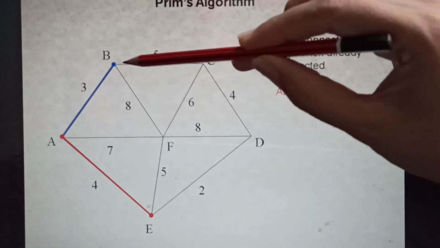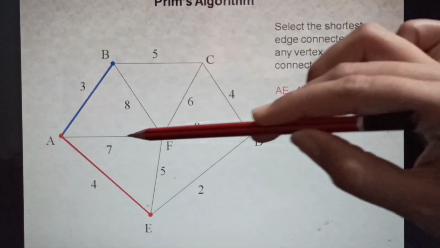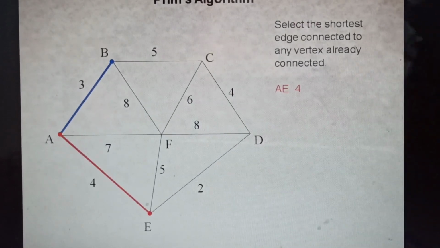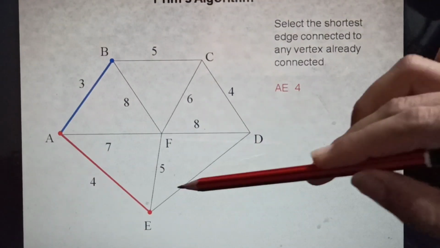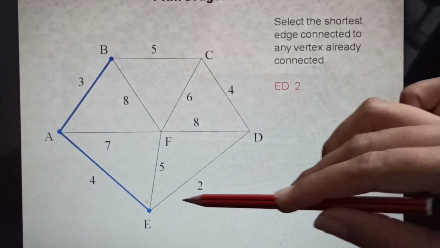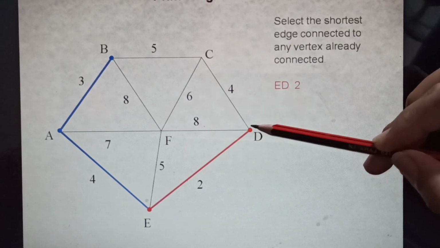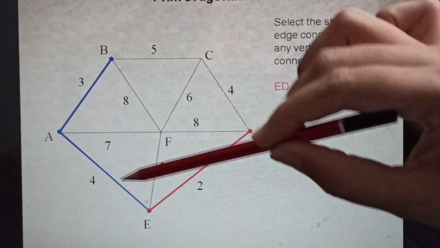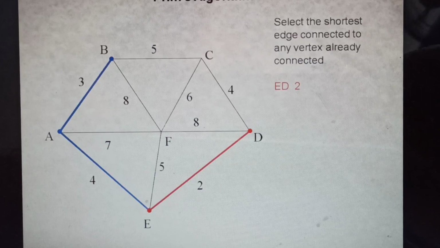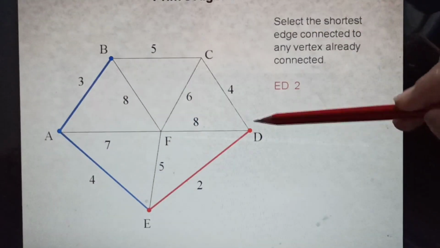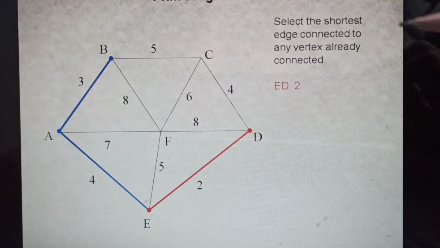So if you see, this one is an outgoing edge, this one is an outgoing edge, and so on, five outgoing edges in all. Out of these, ED has the minimum distance, that is 2. So in the next step, we select the edge ED, that is 2. In the next step, we consider these 4 vertices, A, B, E, D. We consider all outgoing edges from these vertices, and select the next minimum weighted edge.